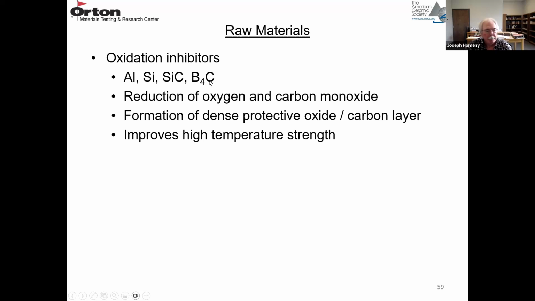These are the oxidation inhibitors. So any of these compounds reduce the oxygen content and the carbon monoxide content. And as I mentioned last time, they do form products that form dense protective oxide or carbon layers. They're basically filling the pores with the reaction products. And that also improves the high temperature strength.